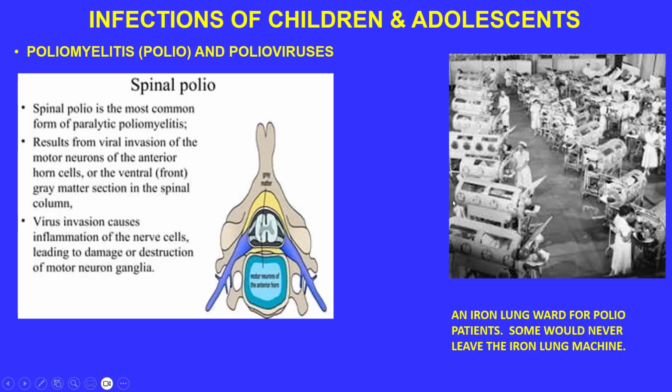The portals you see here are so individuals can turn them, do blood pressure, take care of bodily waste, etc. Some of these were able to eventually recover by forming collaterals from the damaged nerves to recover some function.